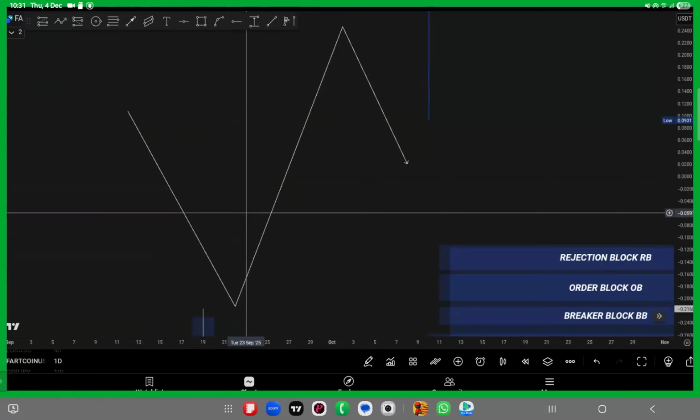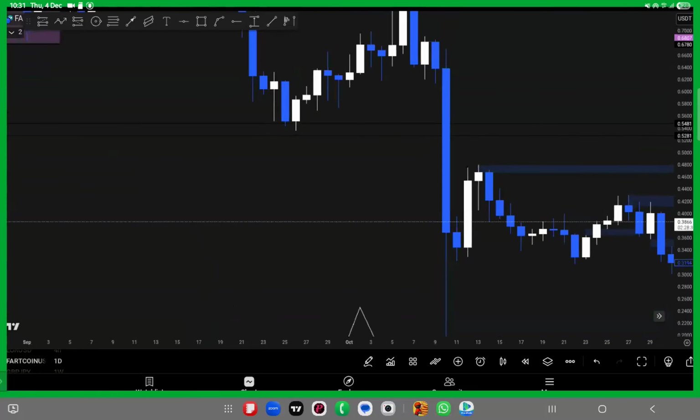And tell me, which candle is associated with a supply trend? It is the bear candle, which is the red candle. In my case, it is the blue candle. All right.